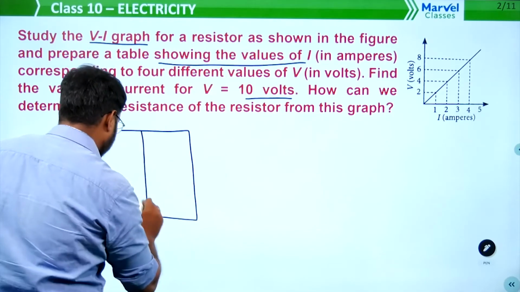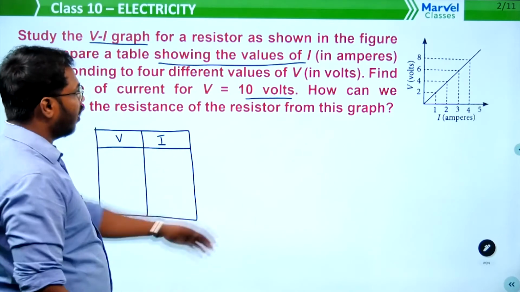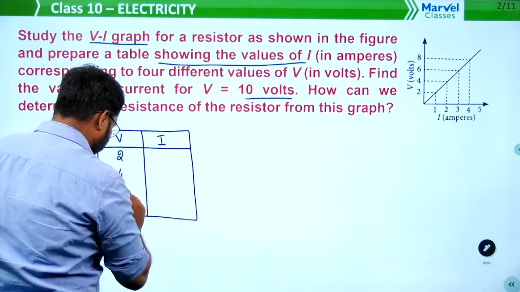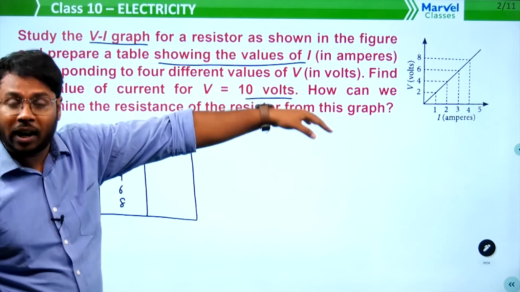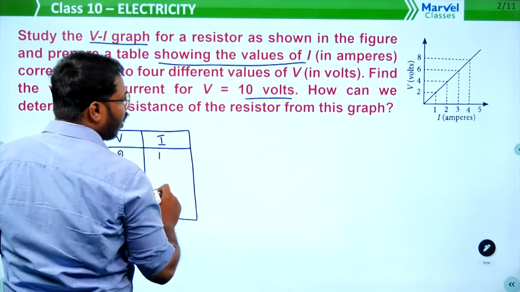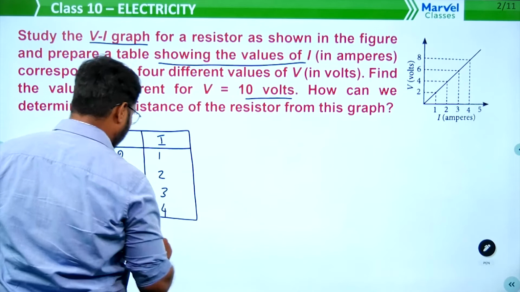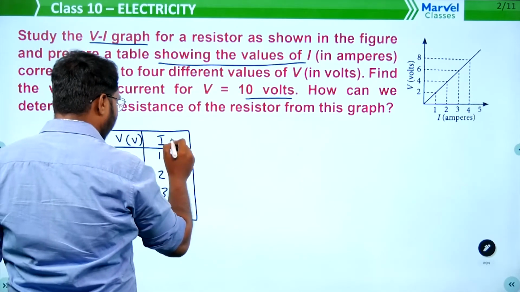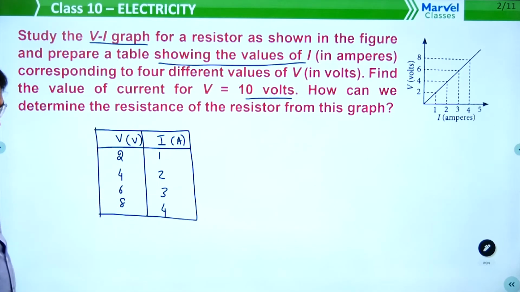Here this is V and this is I. In V we will have 4 quantities, 2, 4, 6, 8, and the corresponding current that flows through is 1 ampere, 2 amperes, 3 amperes and 4 amperes. V is in volts and I is in amperes, do not forget. So this is the tabular column.